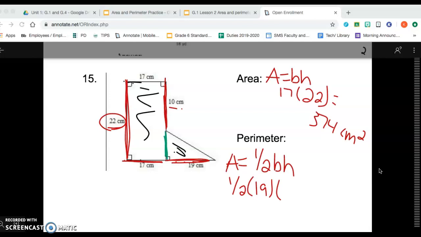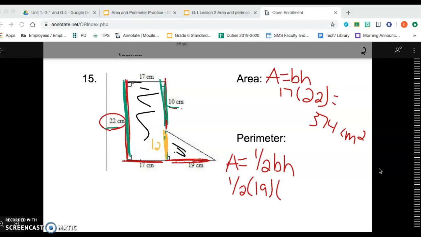We know that this whole side over here is 22, and that this little side right here is 10, right? So to find the piece that we're missing, we can take 22 and subtract 10 to get this little side right here. And so 22 minus 10 is just going to give us 12. So that means this is 12.